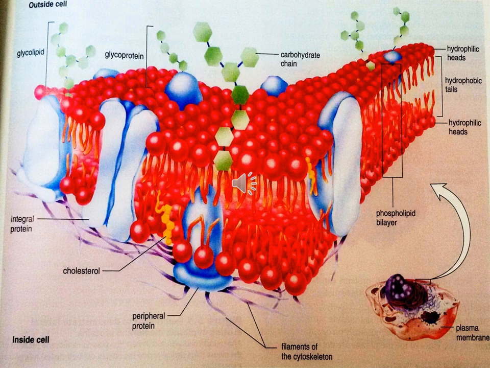In this picture, we can see the plasma membrane structure. The phospholipid bilayer is in red color. These two layers, each one consists of hydrophilic and hydrophobic parts. The round, or spherical part, is the hydrophilic, and the tail is the hydrophobic, which face each other in the bilayer.